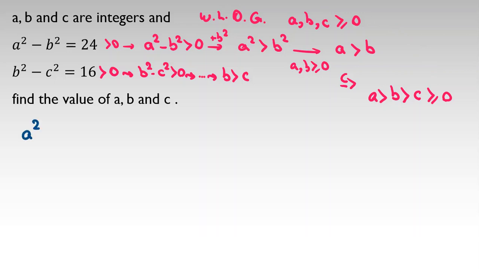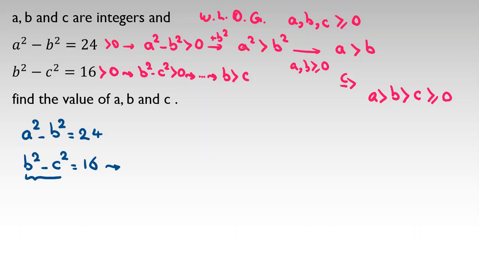So let me rewrite the equations. I have A squared minus B squared equal to 24, and B squared minus C squared equal to 16. Let's see which of them is better to work with.